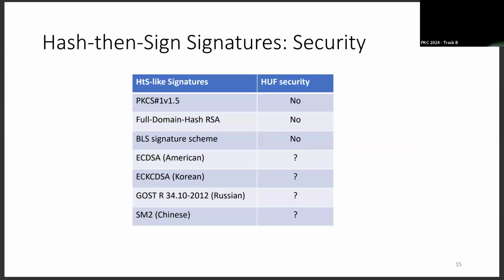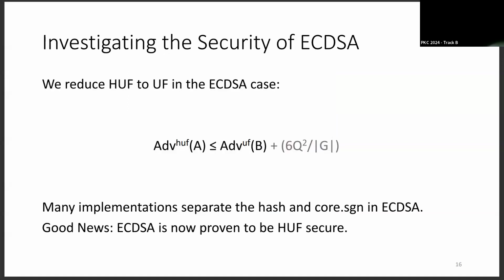We didn't only study BLS, but it turned out that RSA full domain hash and PKCS v1.5 are also insecure in the HUF model. And you were wondering whether the other schemes are secure or not. Just to give you a glimpse, we studied ECDSA and we were capable of reducing HUF to UF for the ECDSA case.